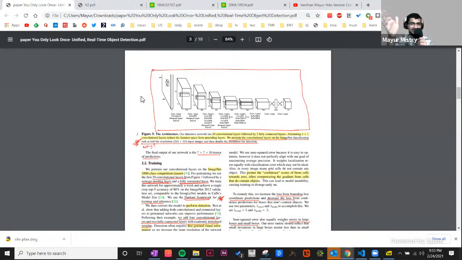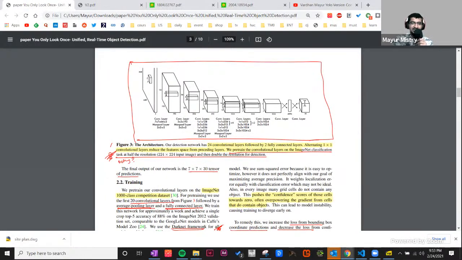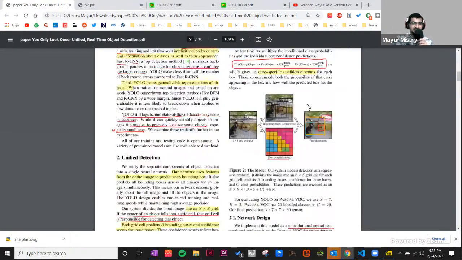YOLO proved that it was possible by converting the problem of separate classification and separate object detection into one problem, where they were doing classification, as you can see at the 24th convolutional layer, and then regression, predicting both at the end. That was an achievement, and it was giving decent results.